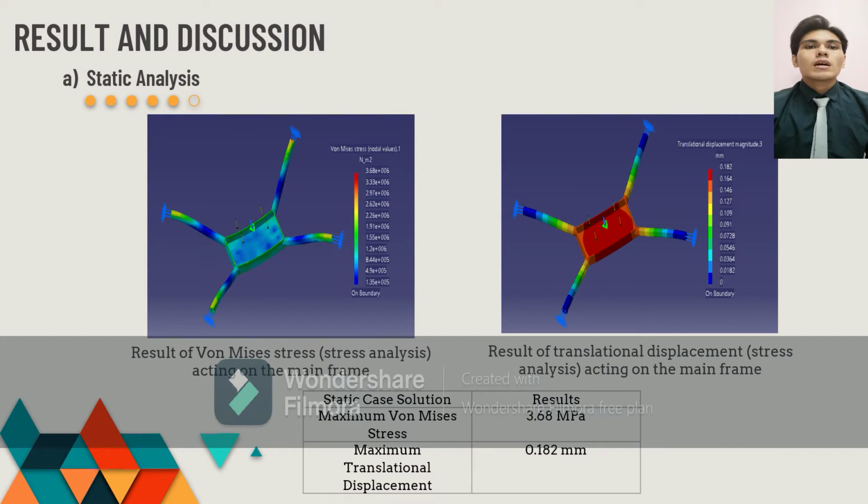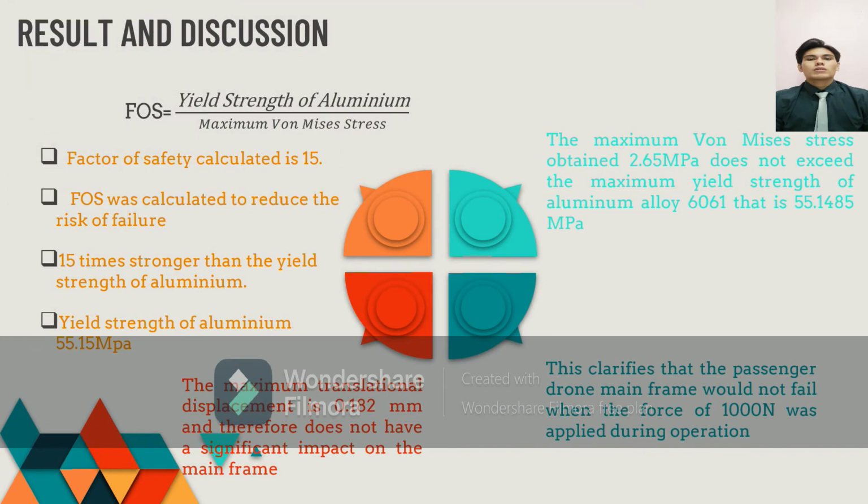As you can see, the maximum von Mises stress occurs on the drone using material aluminium alloy 6061. The maximum von Mises stress is 3.68 megapascal, while the maximum translational displacement is 0.182 mm. Based on the maximum von Mises stress value obtained from the result, I can calculate the factor of safety of the structure.